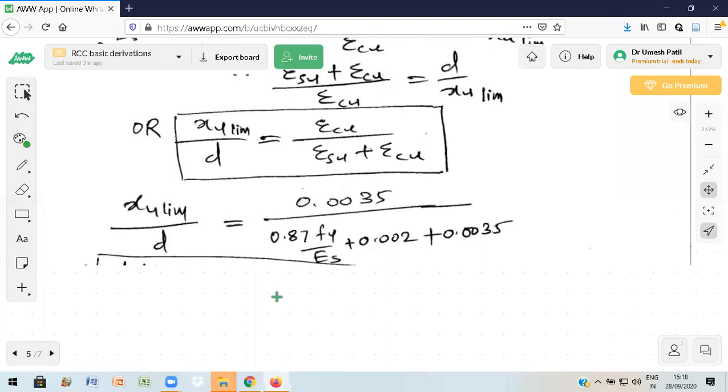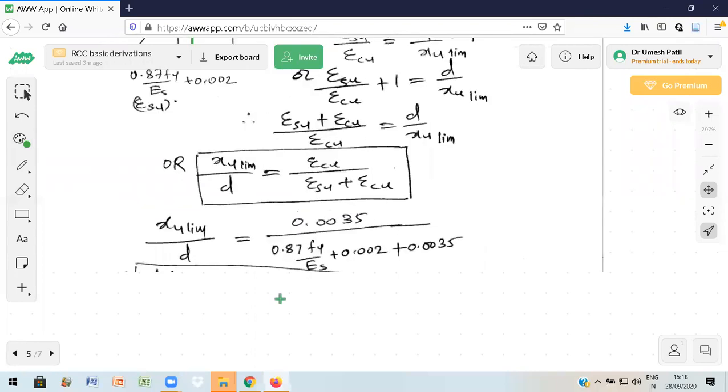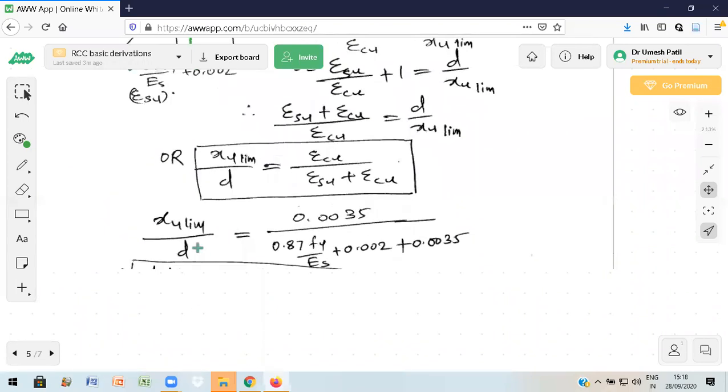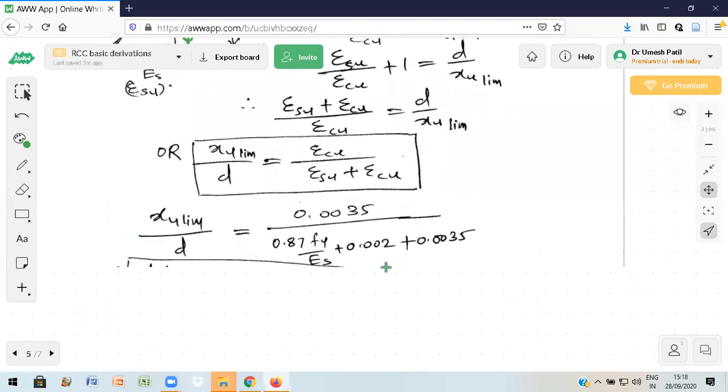Now I need to check this. You should add all of this. For example, 0.0035 you keep as it is, and you add these two.